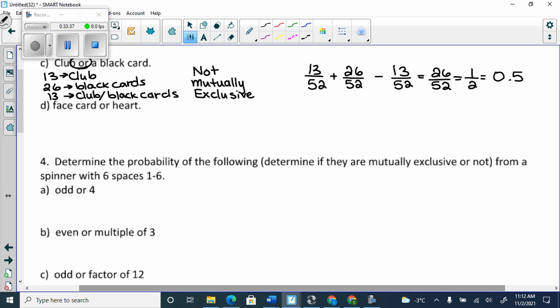So when it's not mutually exclusive, I have to subtract off the ones that double, right? Because I counted 13 clubs, and I counted those 13 clubs again in the black. So I have to take them off. You guys try D.